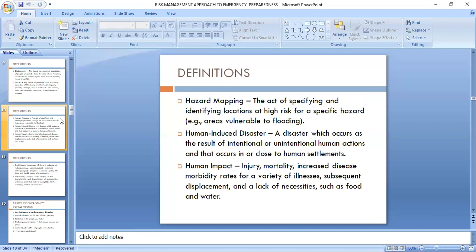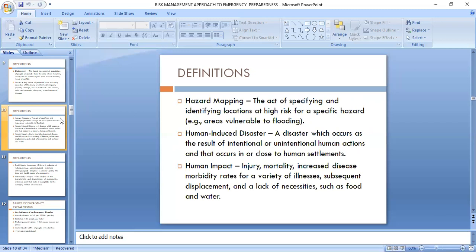So in Nigeria, for example, if you want to do hazard mapping, you may not be looking at earthquake, even though we had a slight tremor in the federal capital some years back. So that's what we mean by hazard mapping.